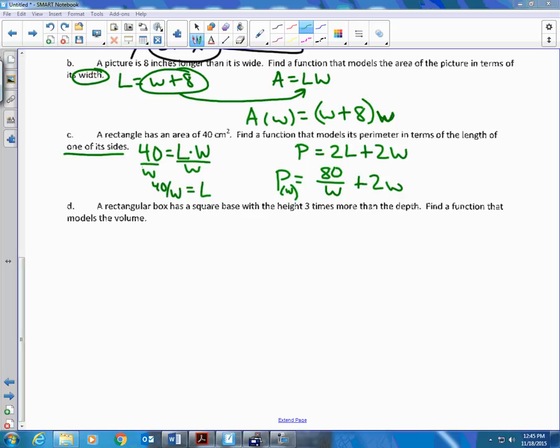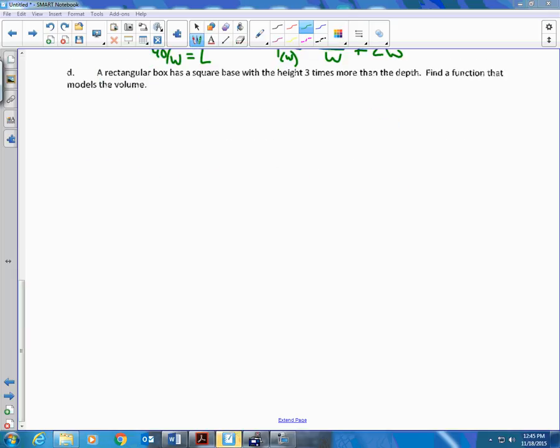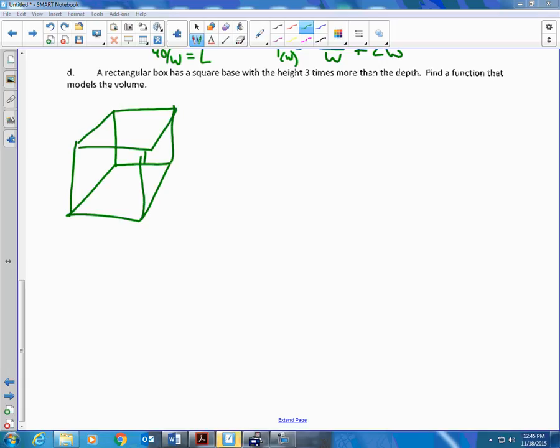Okay, and then the last one, a rectangular box has a square base with the height 3 times more than the depth. So I'm going to draw a box that has a square base to the best of my ability. And there we go. What do we know about its base? It's a square. So that means if this is x, then what is this?